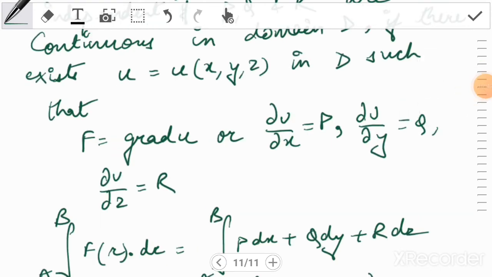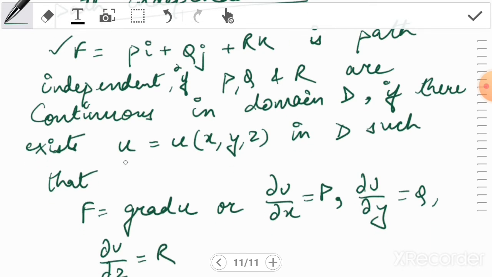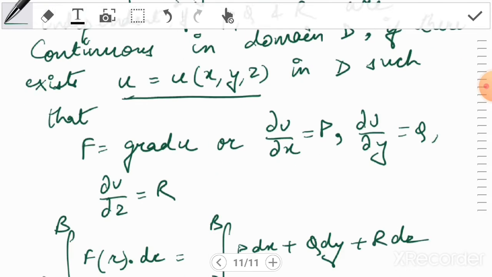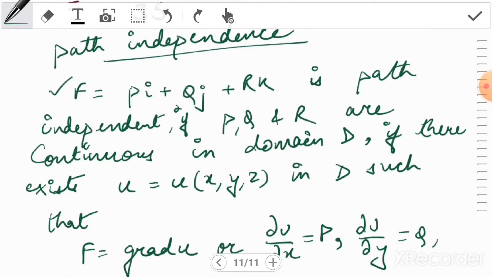So a vector field of the form f is called a conservative field, and the function u is called a scalar potential.